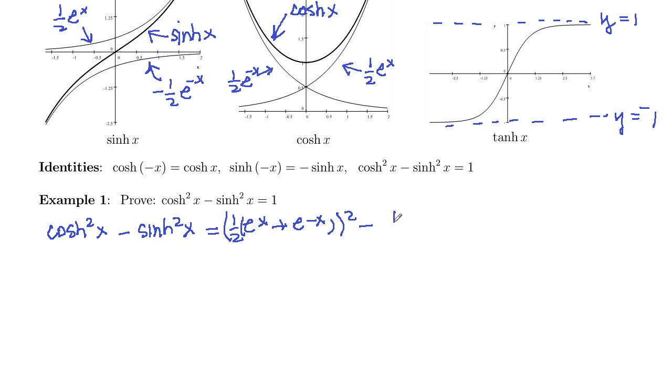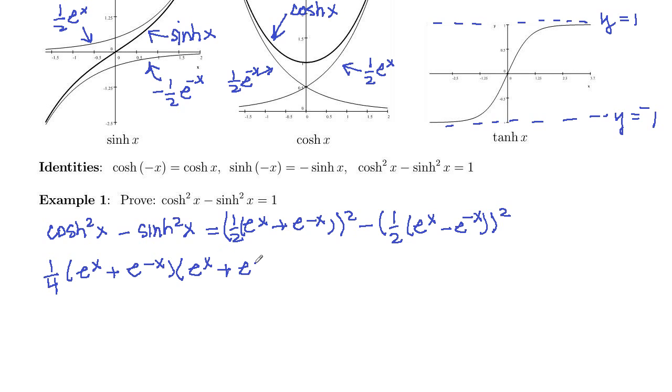Minus, and then sinh was 1/2 times e to the x minus e to the negative x. So there's your sinh. That whole thing gets squared. So to square this product here, we square the 1/2, which is going to give us a 1/4. And then we square this, so it's going to be e to the x plus e to the negative x multiplied by itself twice. So another e to the x plus e to the negative x.